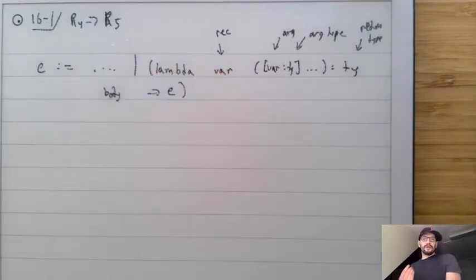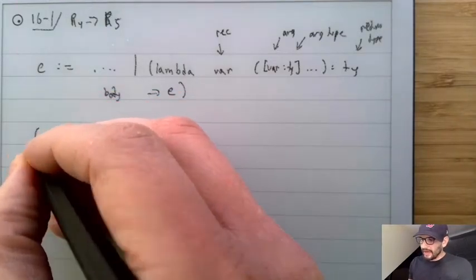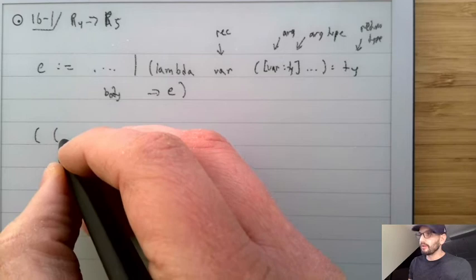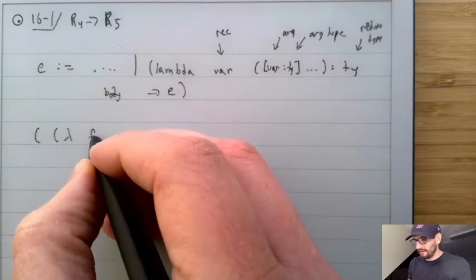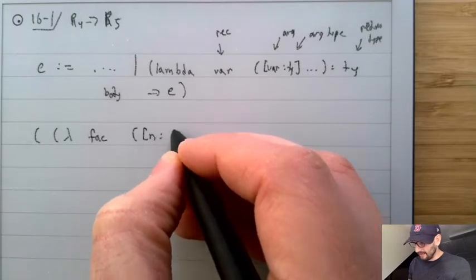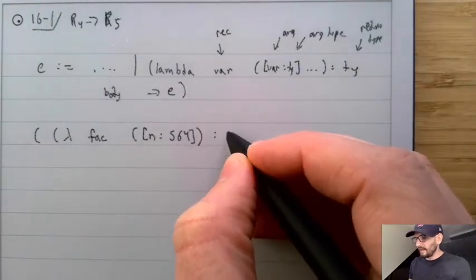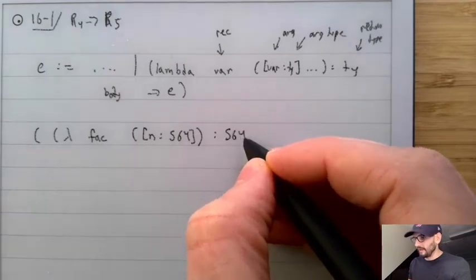Let's look at a little function that we could do. Naturally, we're going to use our favorite friend, factorial. We could write the following program where we have an application where we are applying lambda fac, which takes as an argument n, an S64, and returns an S64.